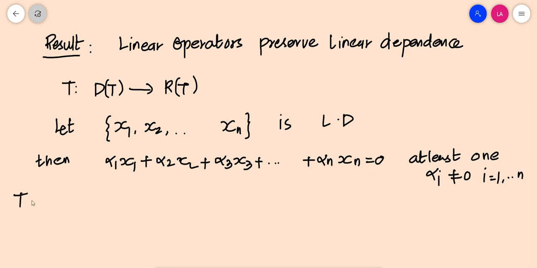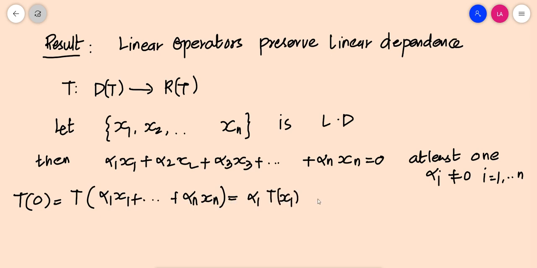So T of 0 is equal to T of alpha 1 x1 plus etc., alpha n xn, which is equal to alpha 1 into T of x1 plus alpha 2 into T of x2 plus etc., alpha n into T of xn.